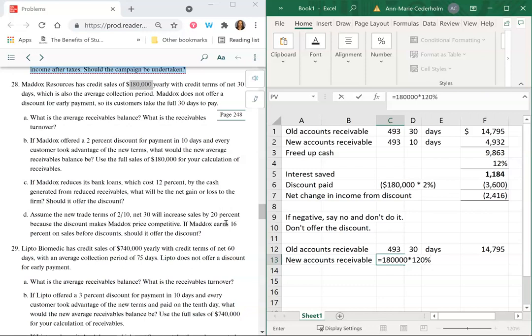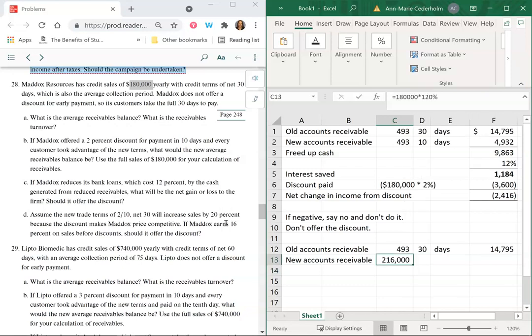That'll take the 180,000 and also add a change of 20% to that. So my new sales are going to be $216,000. And now if I divide that by 365 days, that's going to give me my daily sales, which is $592.